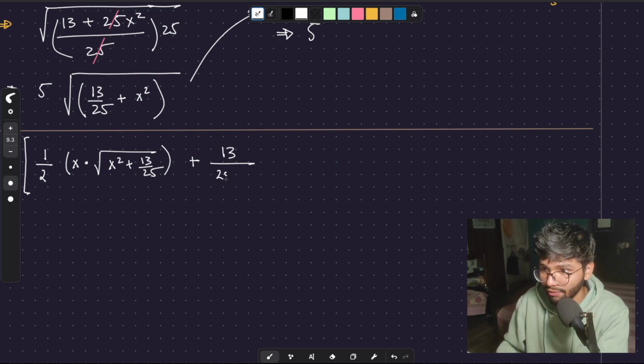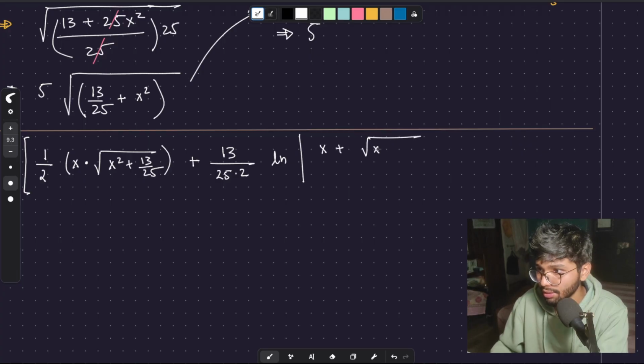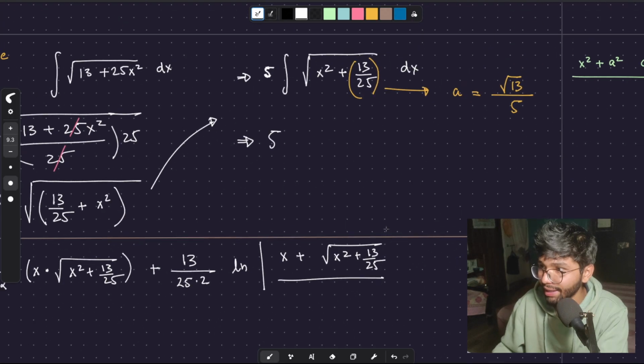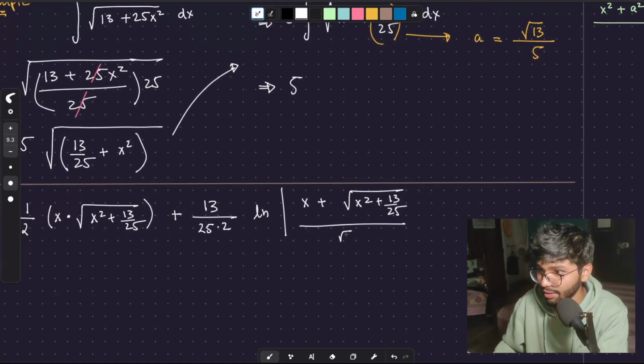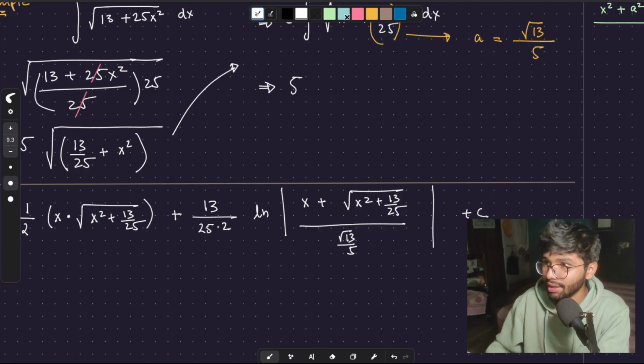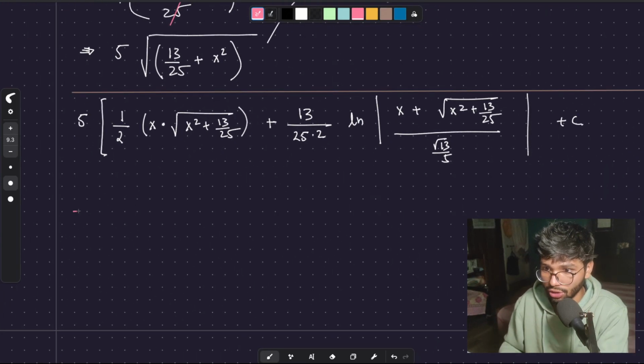So we'll get 25 times 2 and we're going to do a natural log of x plus the thing that will repeat itself by a. What is a? This thing over here. 13 over 5 plus c. Now we can do some more algebraic manipulation. Bring this 5 in.